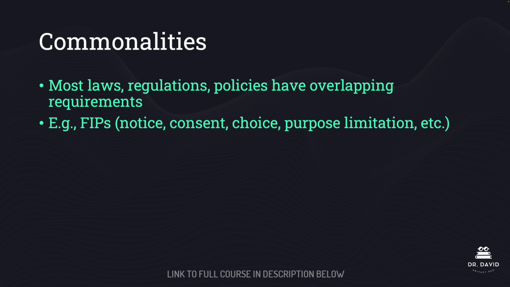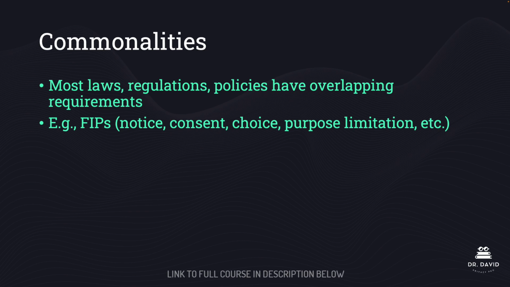When we're collecting personal data from data subjects, we're going to provide them all with notice at the point of collection. Similarly, we want individuals to consent to our collection of their data. We want to give them choice. And we also, as an organization, want to practice purpose limitation, meaning that we are going to use the data only for the stated purpose. We are not going to turn around and use it for a secondary or tertiary use.